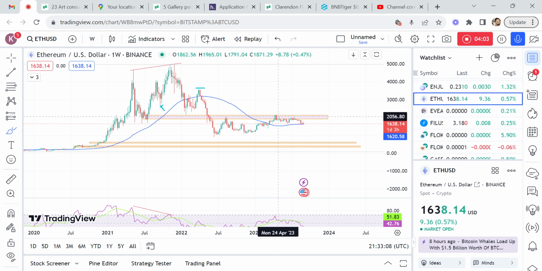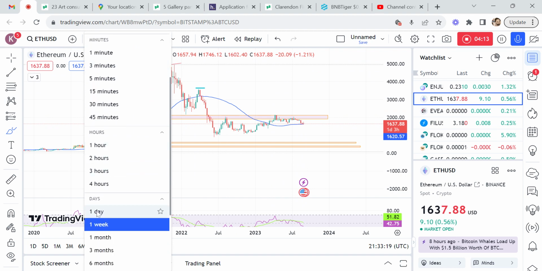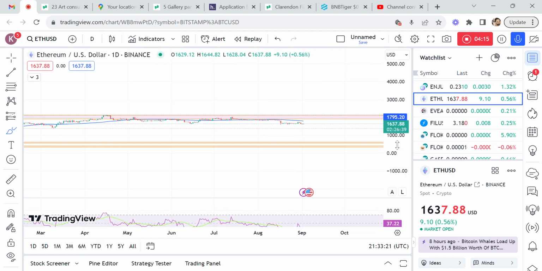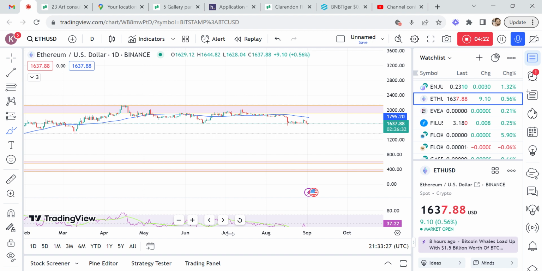But from this level down to here, the market has confirmed that it really wants to go down. So why am I saying this? Let's go back to our daily chart, and then let's see if we can have some confluences there.